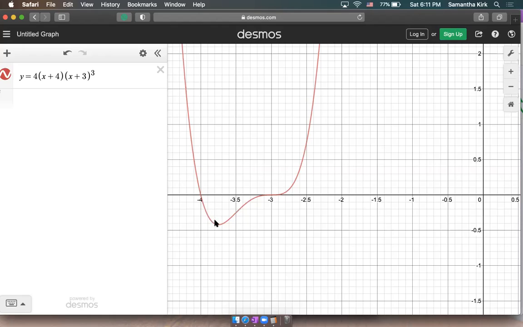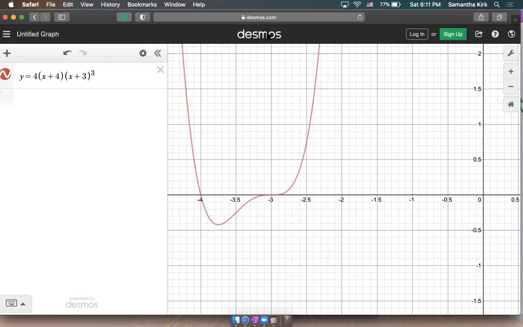That would kind of tell you that you're having some kind of turning point, because it's going to have to go down and back up. And then if you plug in stuff really close to -3, between -3.5 and -3, you're going to get close to that x-axis, so you can see that it's kind of flattening out. And then anything past that root here, you'll see that you're going up.